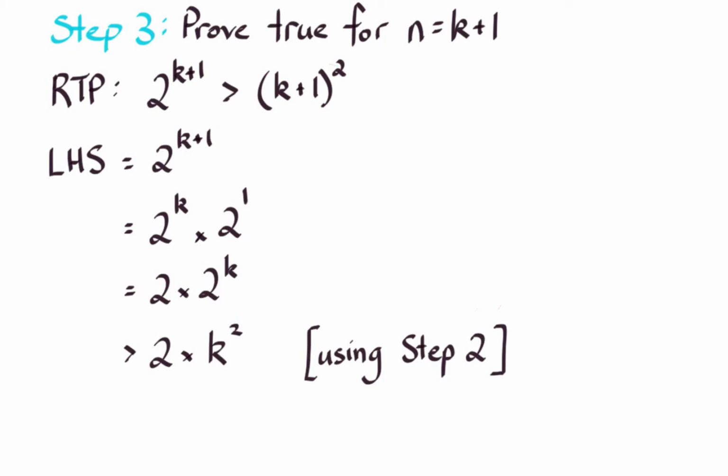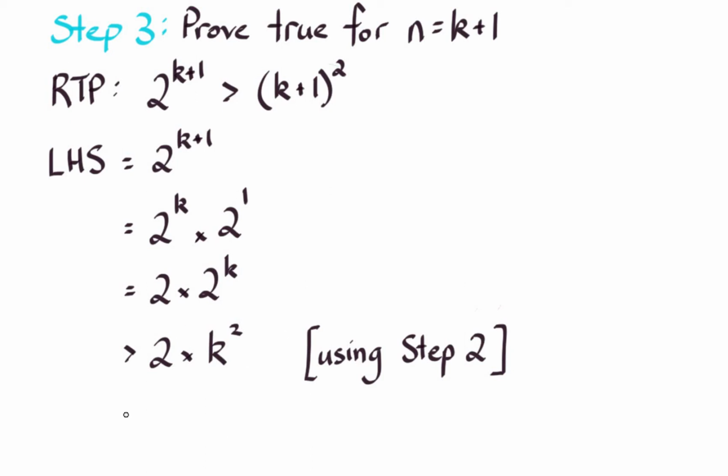Okay, so how do we now show that 2 lots of k squared is greater than k plus 1 all squared? Well, let's consider the right-hand side. When this gets expanded out, we'll have k squared plus 2k plus 1, because it's a perfect square. And this has got 2 lots of k squared, so there's something in common there. They've both got at least 1 lot of k squared.